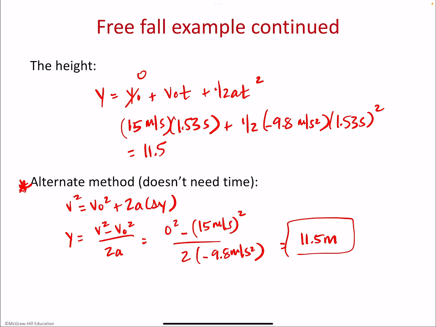We will. .47 is what I got. I plugged them in. So 11.5 meters. Obviously, the alternate method was the fastest, right? But you can definitely solve for time and then solve for position.